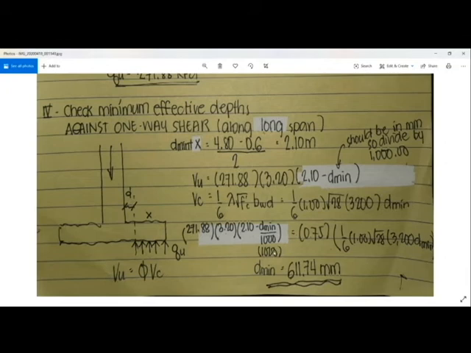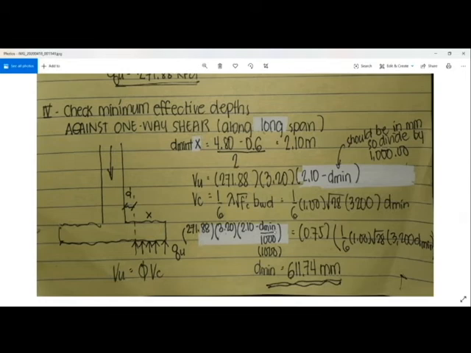We multiply by 1,000 here because the VU we got is in kilonewtons, but it should be in newtons because our VC is also in newtons. So this is equal to 0.75 multiplied by 1/6 times 1 times the square root of 28, times 3,200 times d minimum. Equating them, we have d min equal to 611.74. Let me remind you again of the units.